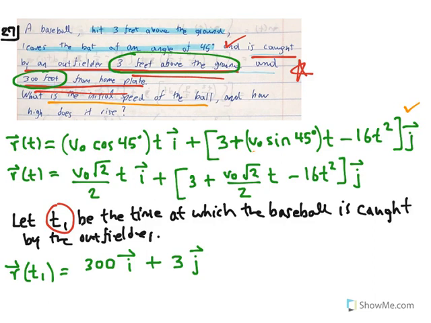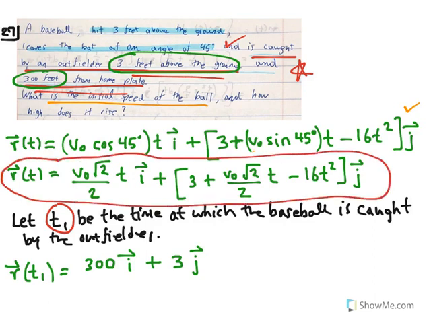So now, how do we get our system of two equations? Well, here's what else we know. This is our partial model for the position vector. If we evaluate that at the time at which the baseball is caught, it should have the same position that we know about from the problem. But let's go ahead and substitute t sub 1 in place of t in our model.